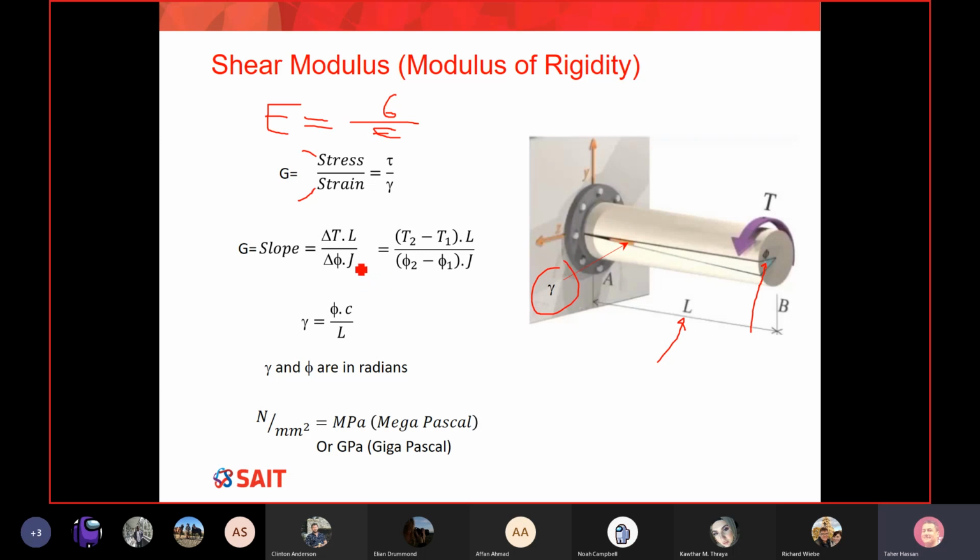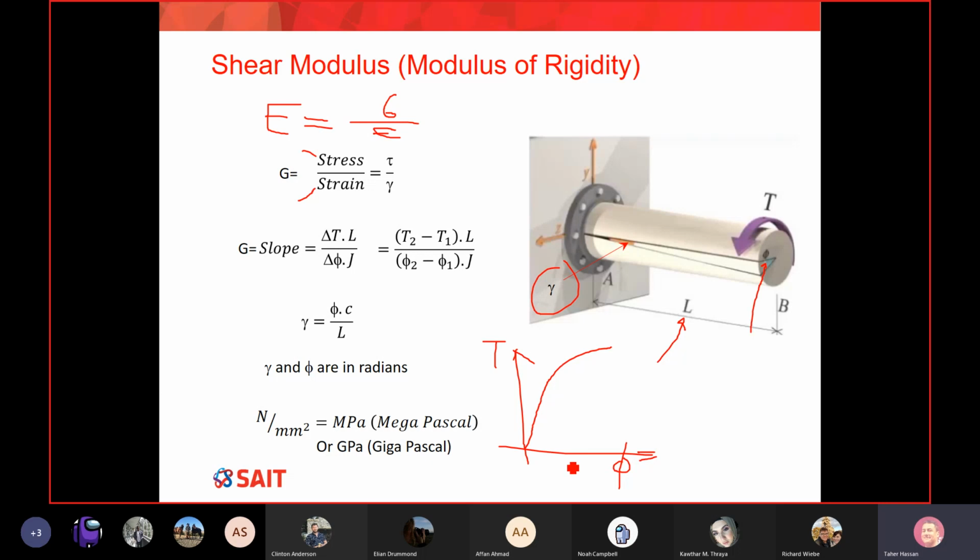So you will see how we estimate G. We simply take any two points on the curve. If you remember, last time we developed the curve for the torque. On this curve, we have T, which is the torque, and here we have phi, which is the twist angle.